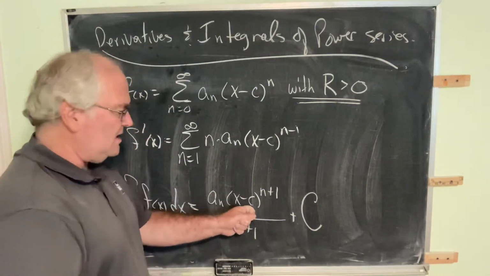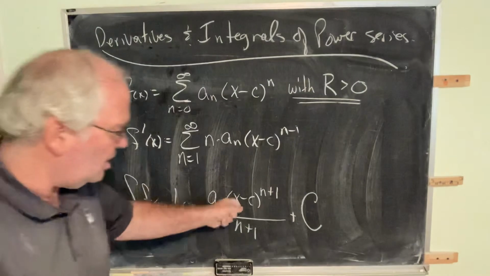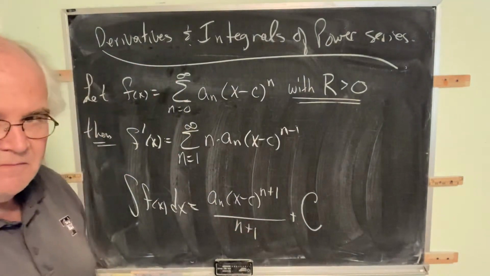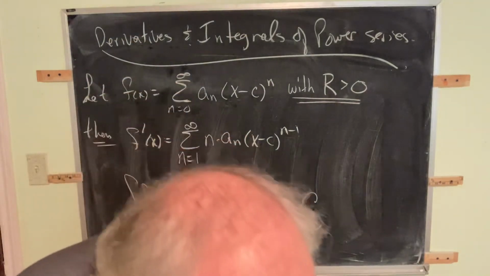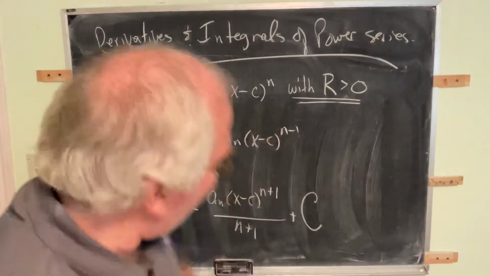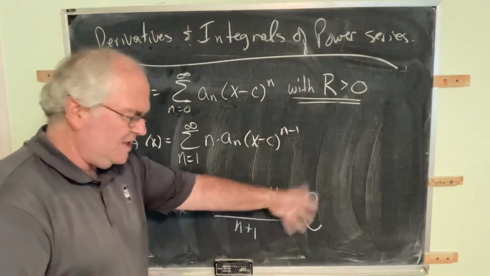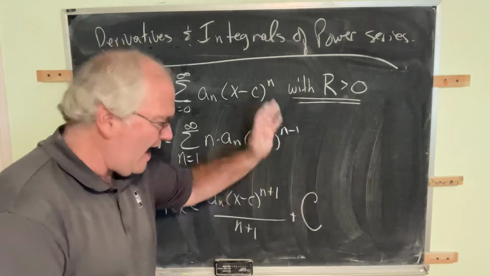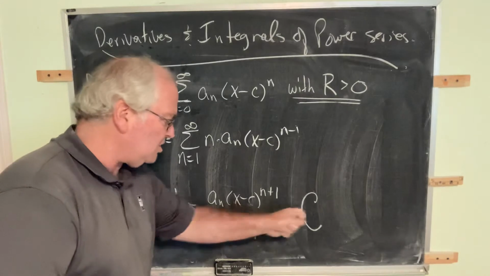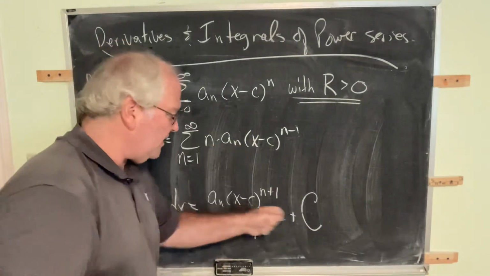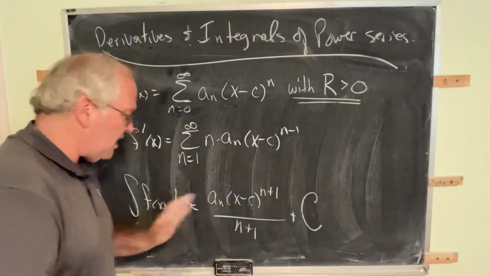This is lowercase c, the center of the expansion. Some people put a k. Our textbook puts a capital C, or you can call it C prime, or some people call it K or D, but these are not the same c. One is the center of the power series, the other is the constant of integration. They're not the same value.